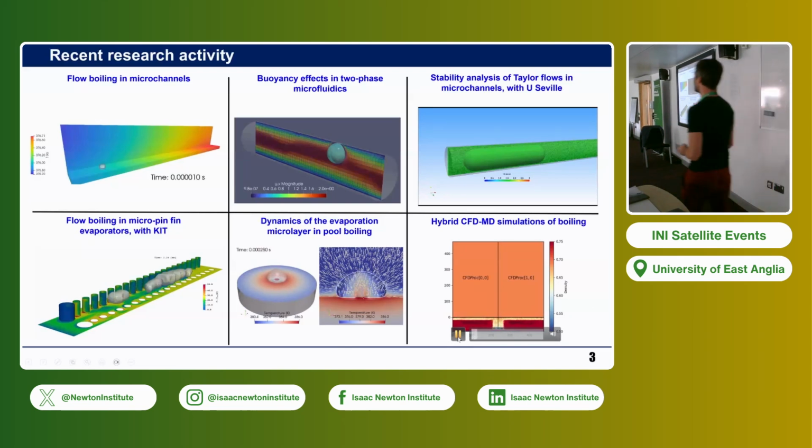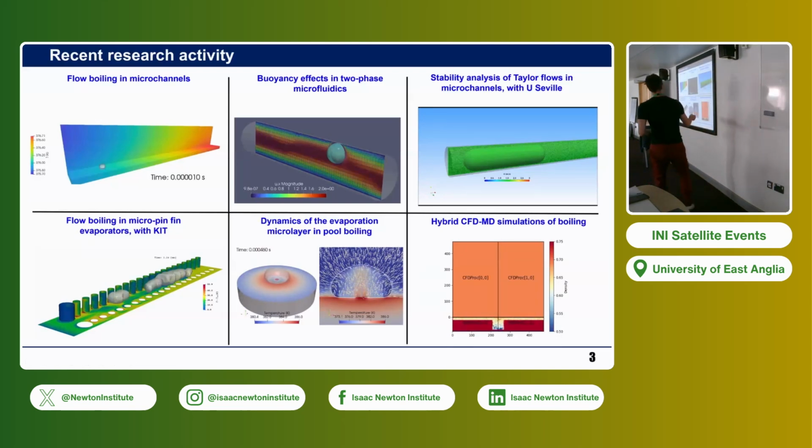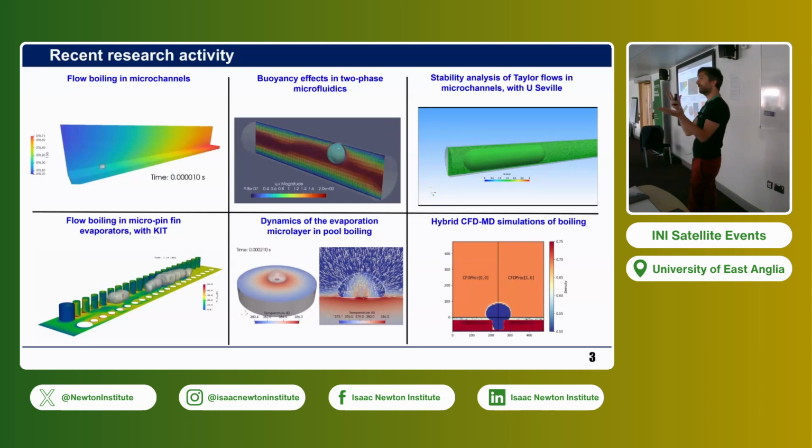But this is about using molecular dynamics and CFD in the same simulation. The problem of boiling is that you can never capture it at a continuum scale. A bubble nucleates because of some molecular interactions between the fluid and the surface when the surface is hot enough.